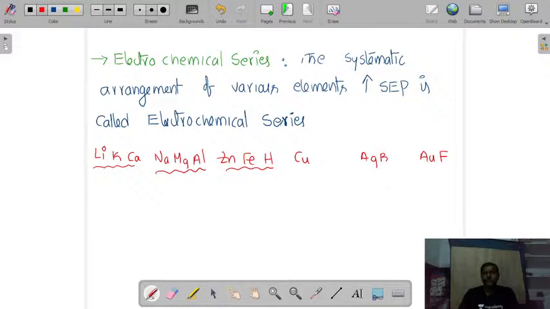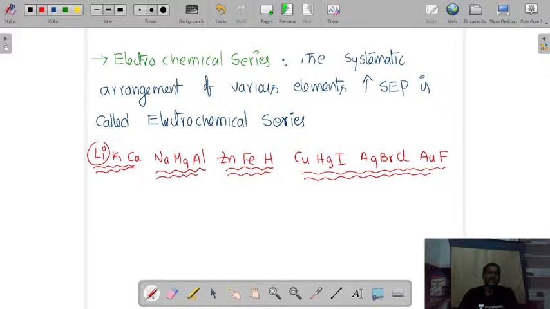Between silver and gold, bromine and chlorine. Between copper and silver, mercury and iodine. These are the frequently used elements in the increasing order of their SRP values. Element having the lowest SRP is lithium, highest SRP is fluorine, and SRP of hydrogen is considered as 0.